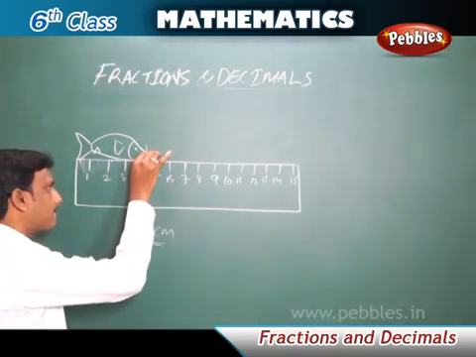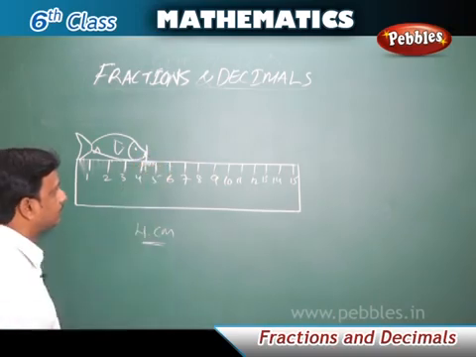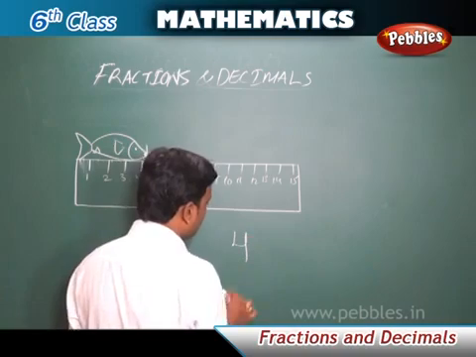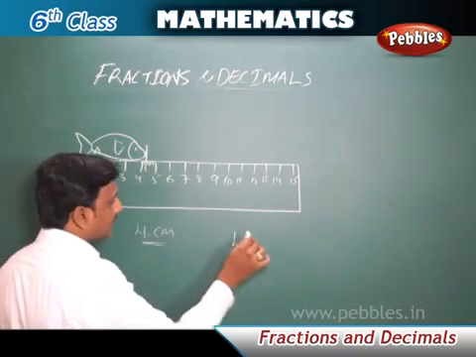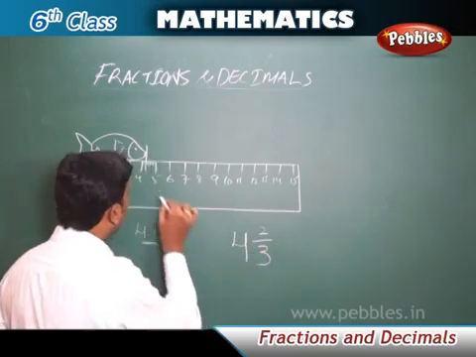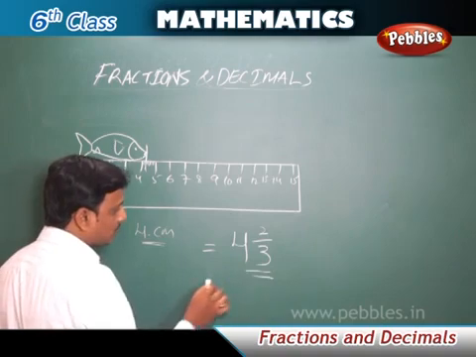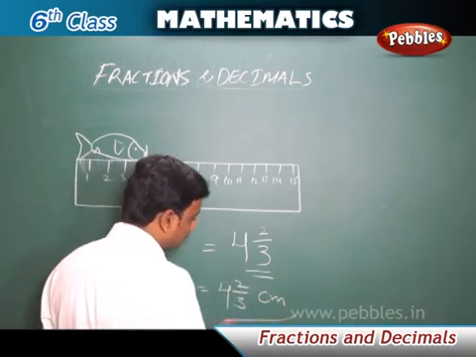Now, we draw a line. So, it came till 4 centimeters, then 2 of the 10 divisions. So the length of the fish becomes 4 2 by 10 centimeters.